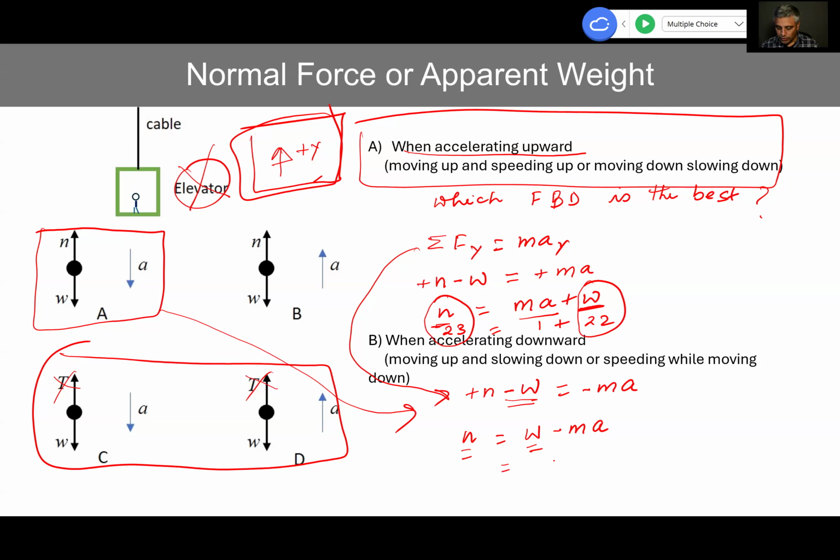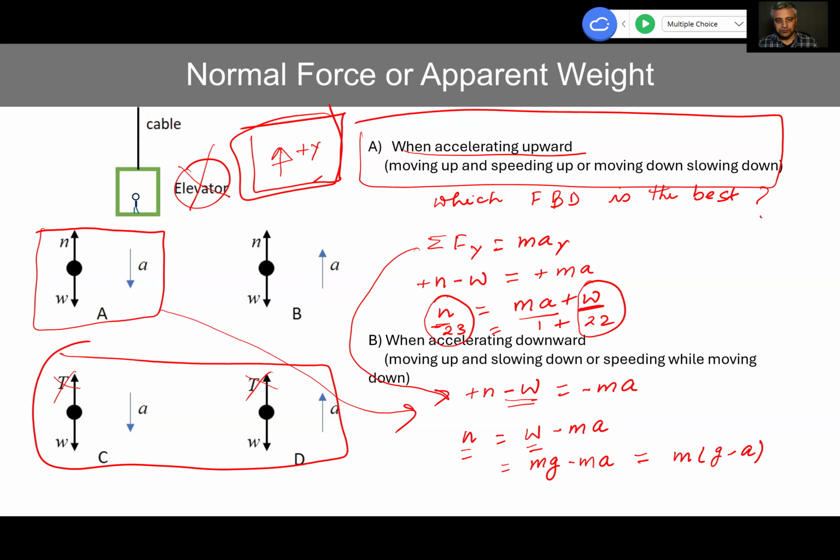And by the way, weight can also be written as mg. So let's write that. And also, let's factor m out. Okay.